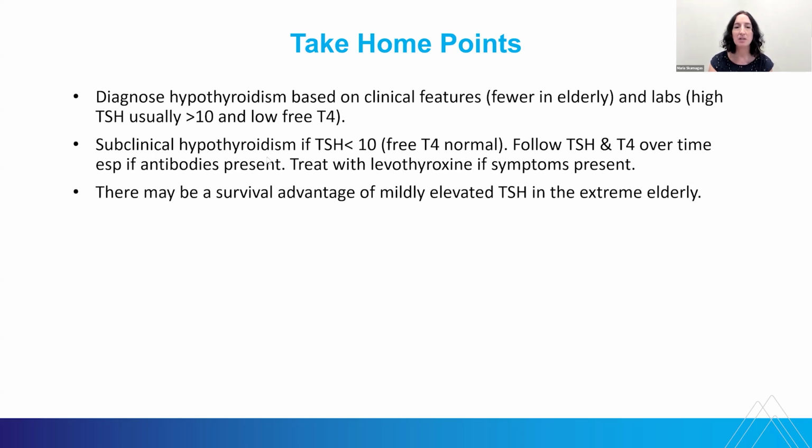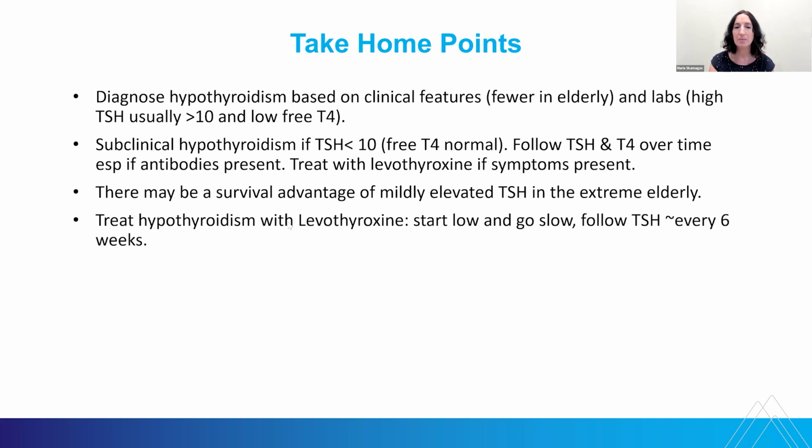If they have thyroid antibodies, they're more likely to progress to overt hypothyroidism. There may be a survival advantage of a mildly elevated TSH in the extreme elderly, and the normal TSH reference range may be shifted to higher levels in the elderly. And as of yet, the labs don't give us age reference ranges.